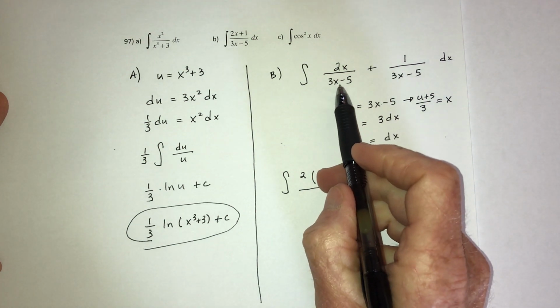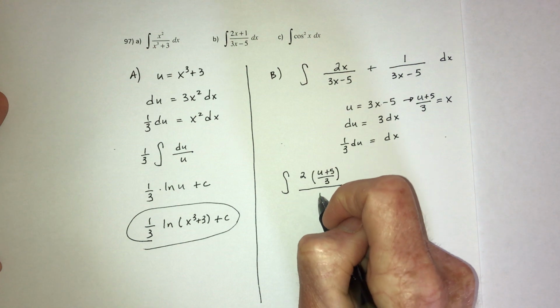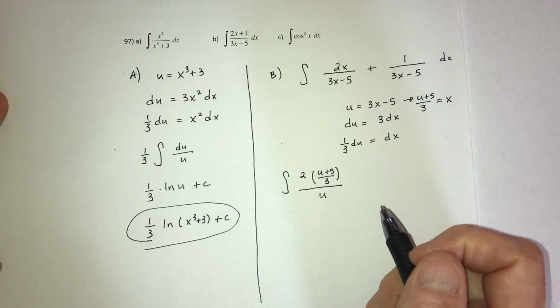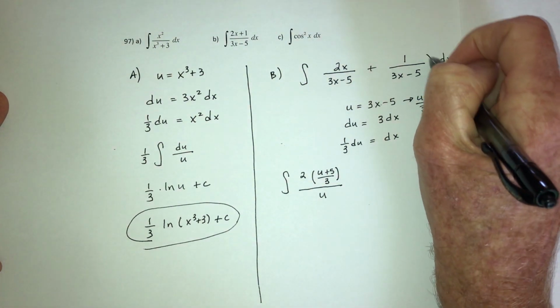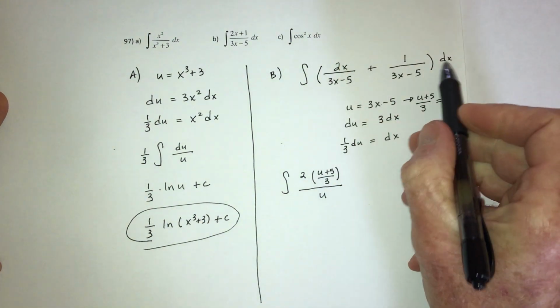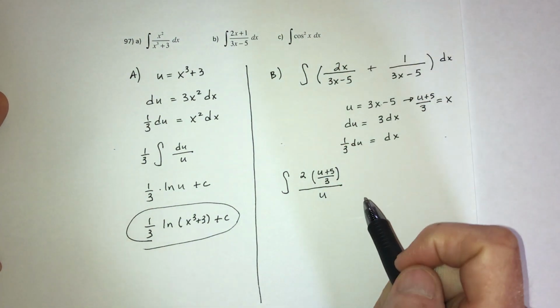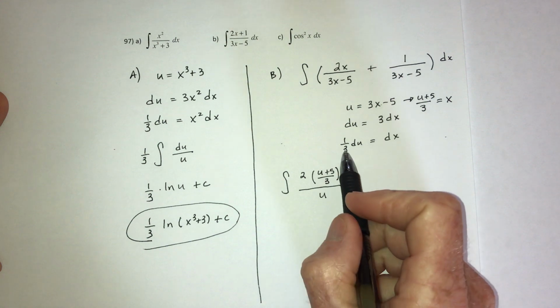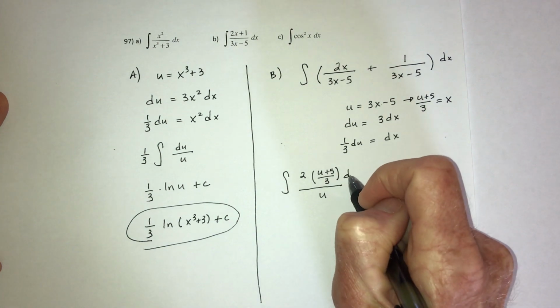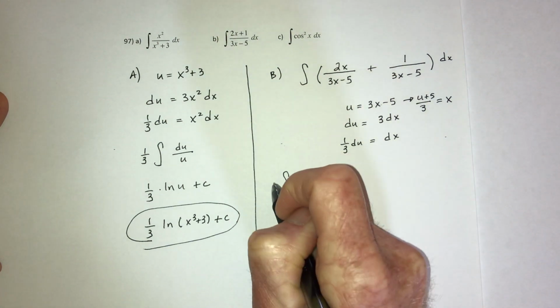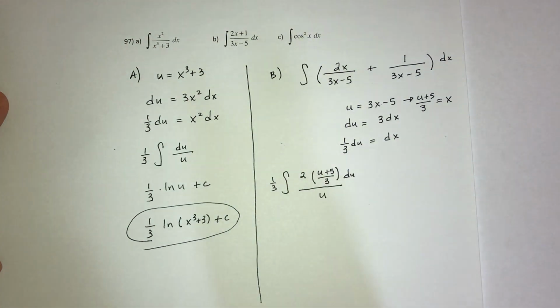And then this part right here gets replaced with u. And then the dx, because the dx of course applies to both of these rational functions, the dx gets replaced with 1/3 times du. And I'll just put the 1/3 right here.